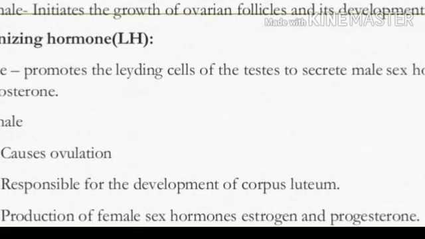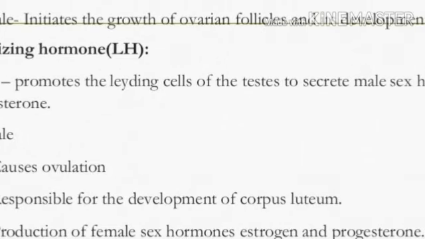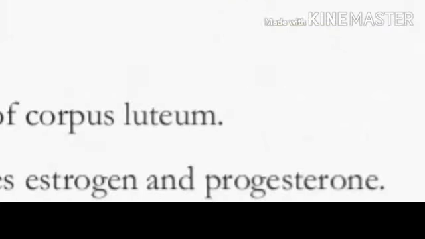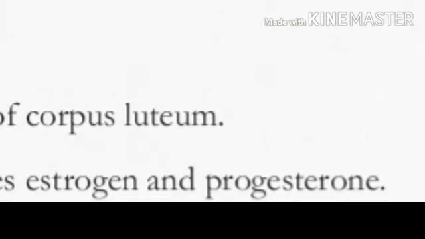In female, it causes ovulation and it is responsible for the development of corpus luteum, and also it helps in the production of female sex hormones, that are estrogen and progesterone. So all these hormones are controlled and regulated by the anterior lobe, that is the adenohypophysis.